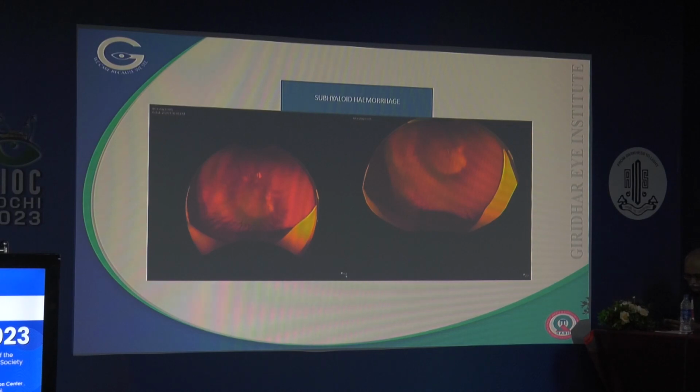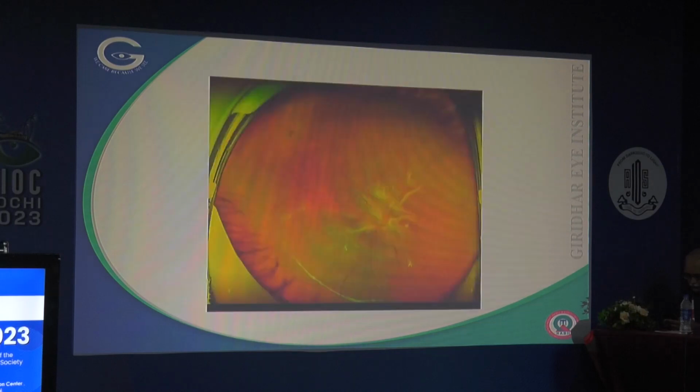VEGF levels increase in the anterior chamber, and therefore they come to you with neovascularization of the iris and neovascular glaucoma. We have had many, many cases like that, and these cases have to be treated early and aggressively. And if you do that, some of these patients do regain reasonably good visual acuity.